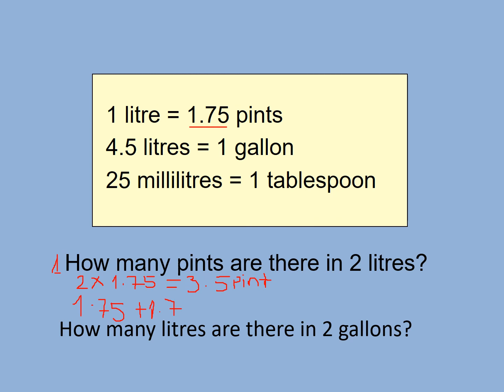Remember, we are doing this calculation to get the answer for 2 liters. 1.75 pints plus 1.75 pints will be equal to how many? 3.5 pints.